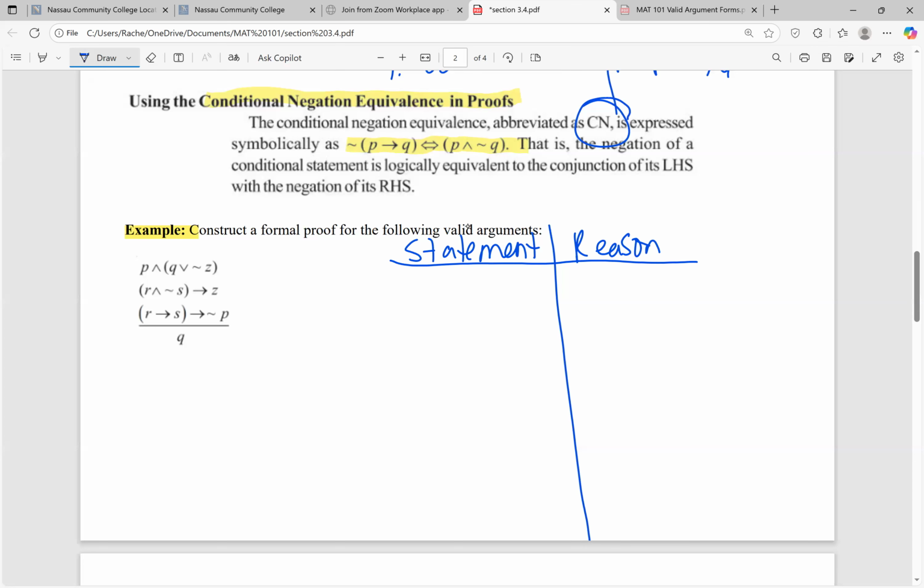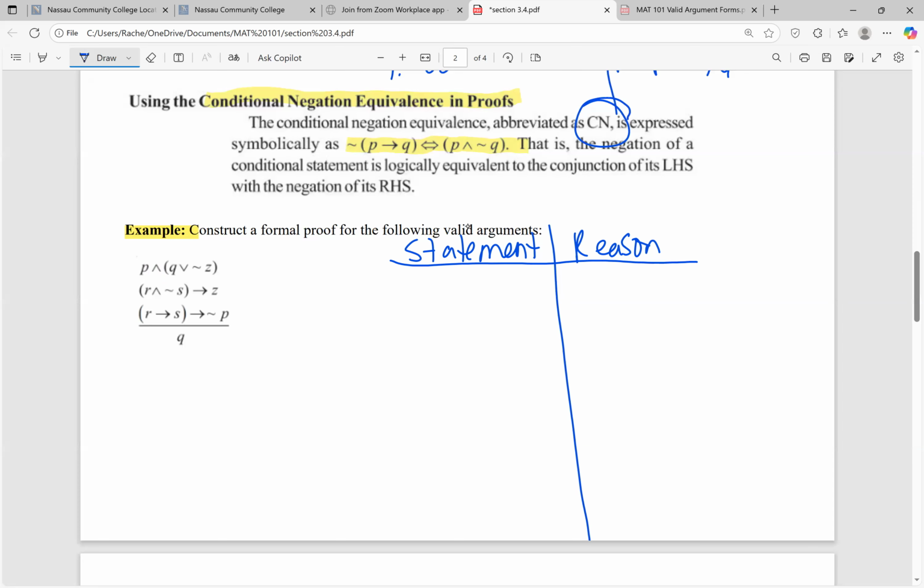And I see, so you see how we have this conjunction? I always look for conjunctions because I know whenever we have a conjunction or an and statement, the left and the right-hand side are going to be true. So we could use the conjunctive simplification to state either the left-hand side or the right-hand side.